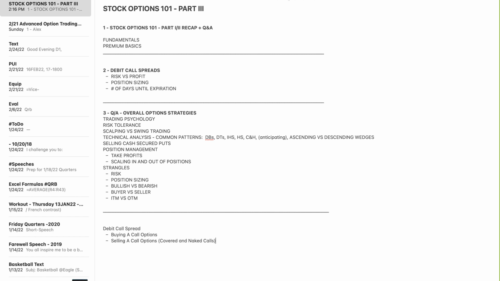The big difference between covered and naked calls is that in one scenario, covered, you're selling an option to someone for shares that you already own. So in the event they exercise the option that they bought from you, you already have the shares that you would need to provide them. So in a sense, the transaction is covered.